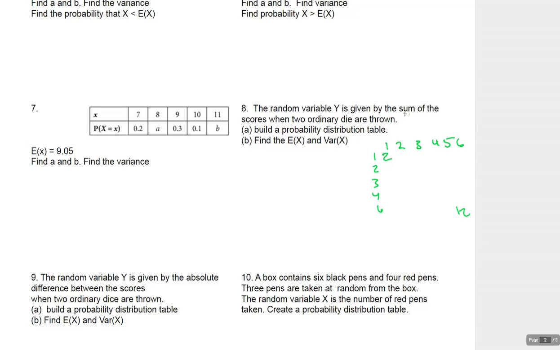And what's the probability of getting a 2? 2 out of 36? How many ways can you get a 2? Oh, no. 1 out of 36. How many ways can you get a 12? 1 out of 36. Exactly.